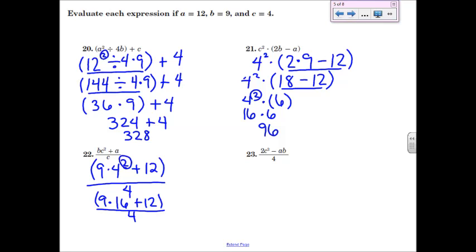And then I'm going to do the multiplication next inside that parentheses. 9 times 16 is 144. 144 now added to 12 is 156 over 4. And now that I have just a number over a number, I can do the final division, and 156 divided by 4 is 39.